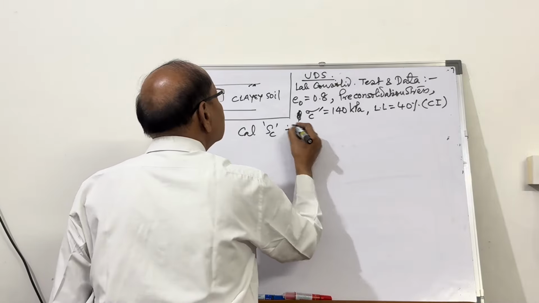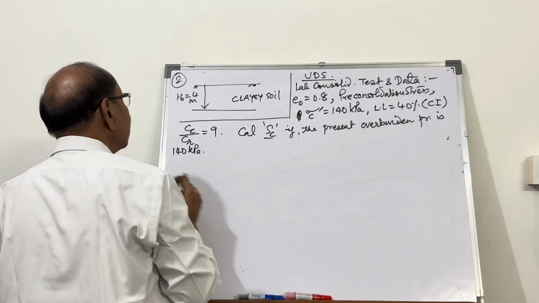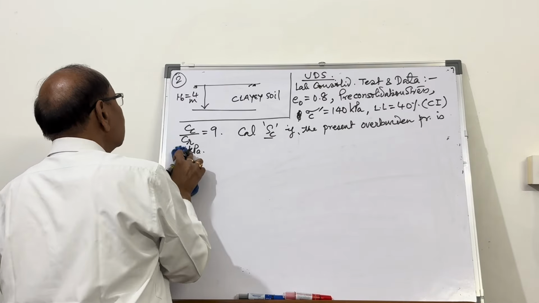Calculate consolidation settlement if the present overburden pressure is 80 kilopascal. The present overburden pressure is 80 kilopascal.